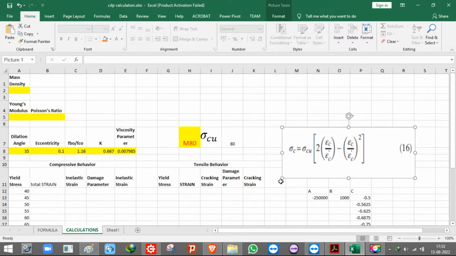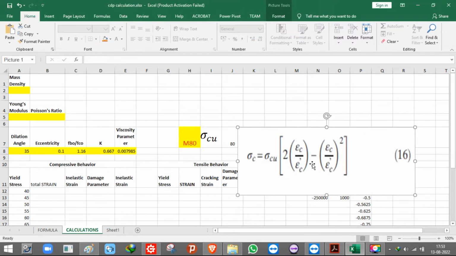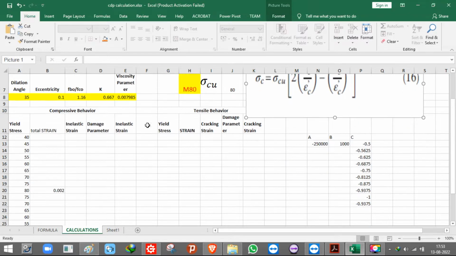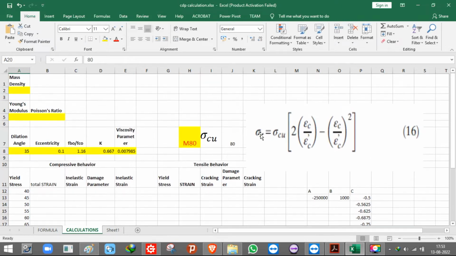Using this formula. Here, if you see, epsilon C is the strain that we need, and epsilon dash C is my value of 0.002, and sigma Cu is the value of 80, and we have to calculate sigma. So for sigma C equal to 40, sigma Cu equal to 80, and 2 into epsilon C, we will have to calculate epsilon C, and epsilon dash C is the value of 0.002.